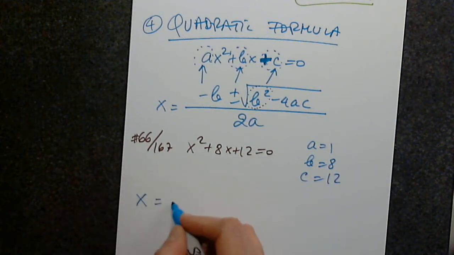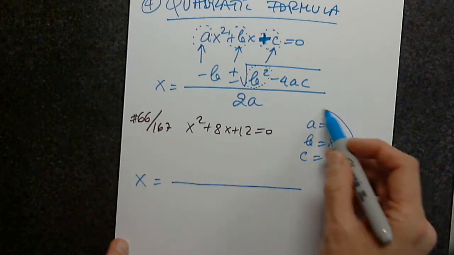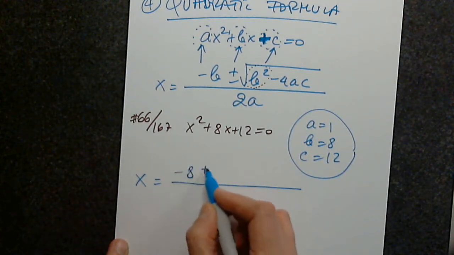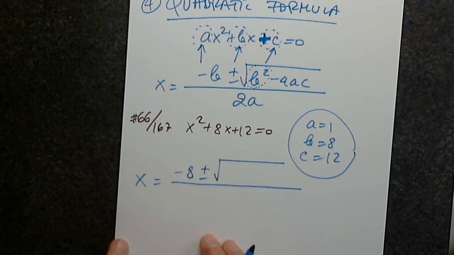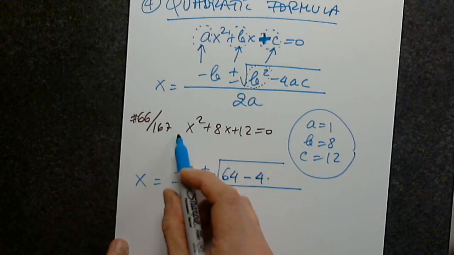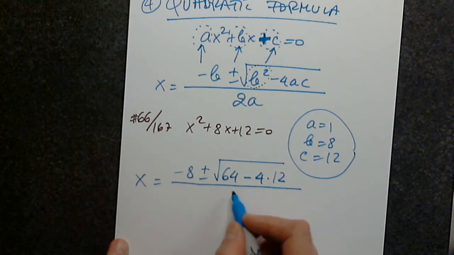All I have to do is now carefully replace A, B, and C in the quadratic formula by these numbers. Negative b will be negative 8 plus or minus the square root of 64 minus 4 times 1 times 12, over 2 times 1, which is 2.